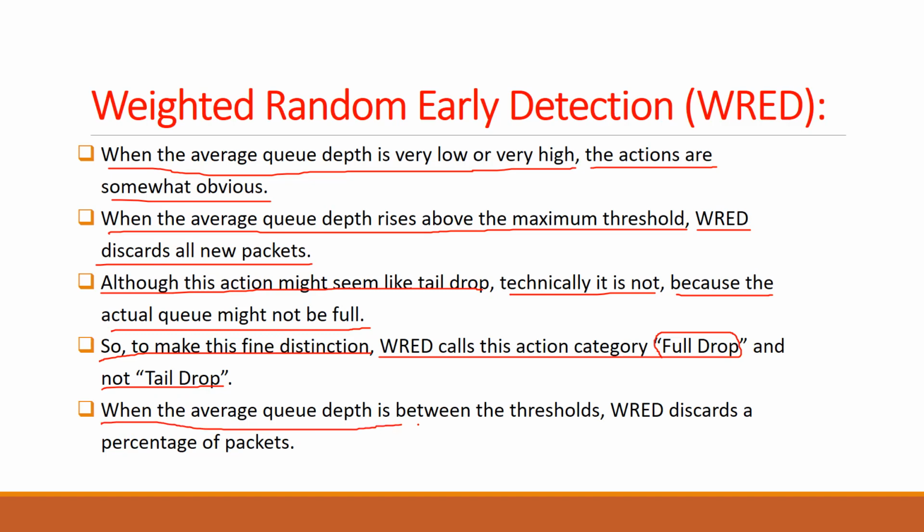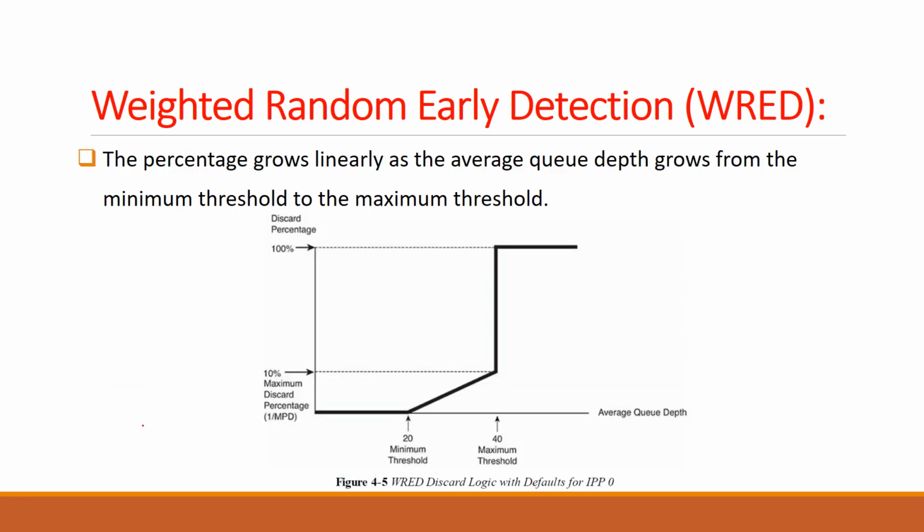When the average queue depth is between the thresholds, WRED discards a percentage of packets, and these packets are randomly chosen. The percentage grows linearly as the average queue depth grows from the minimum threshold to the maximum threshold. In this figure, we have the average queue depth versus the discard percentage.